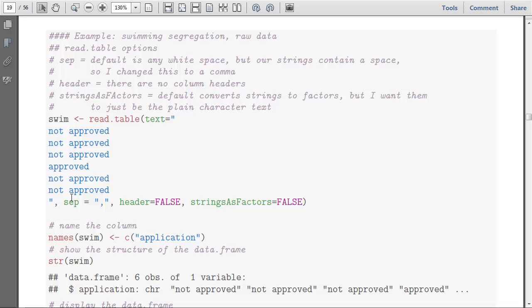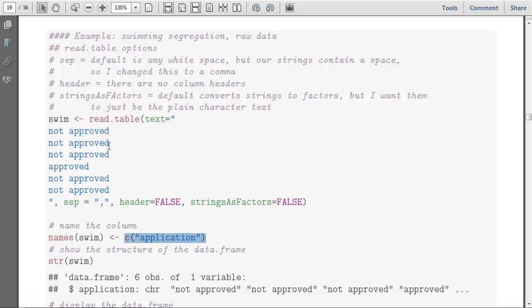And so what I've added here is a separator argument to say that separators are commas. Basically all I'm saying is that it's not a space. And so it treats this entire text string, including the space, as one chunk. There's no header to this data. I'm going to add a column name to the swim data called application.